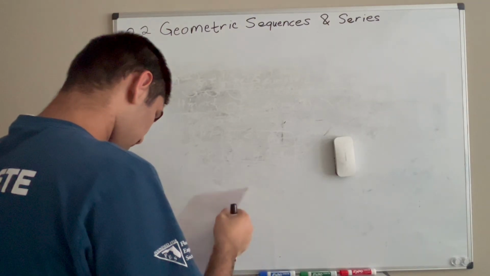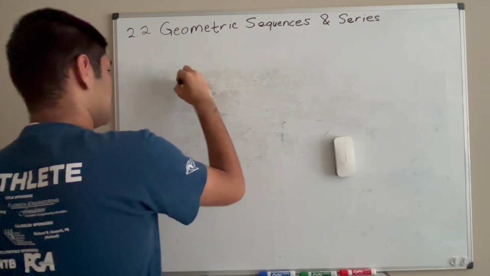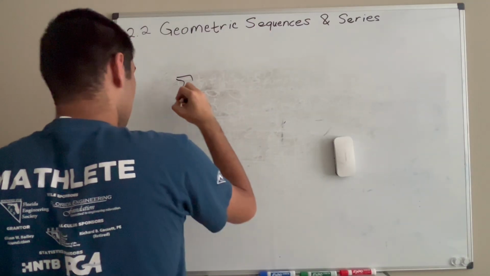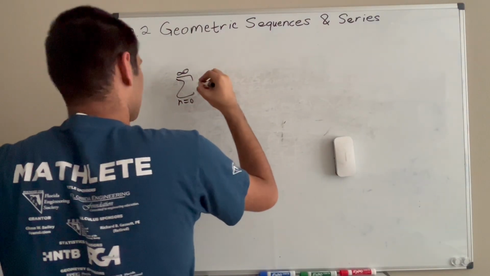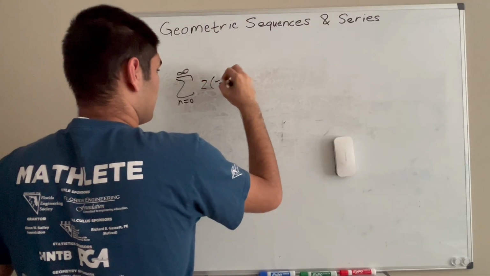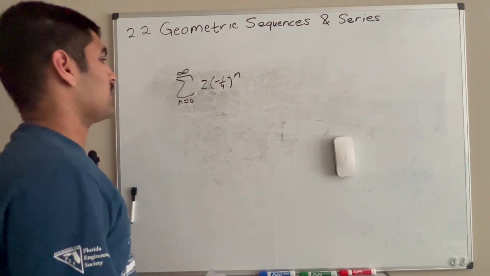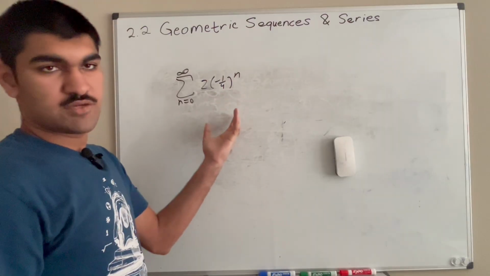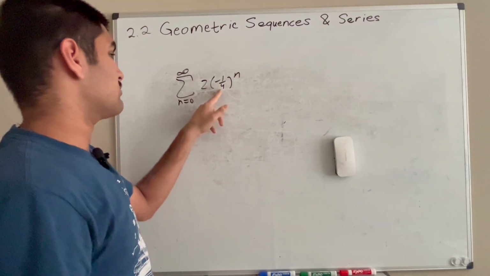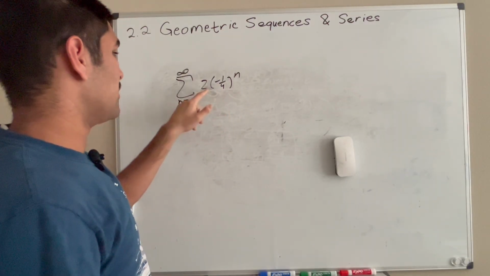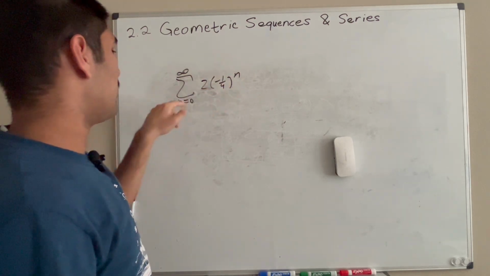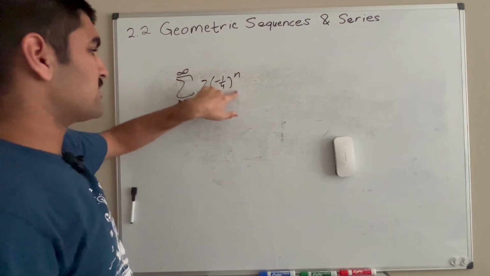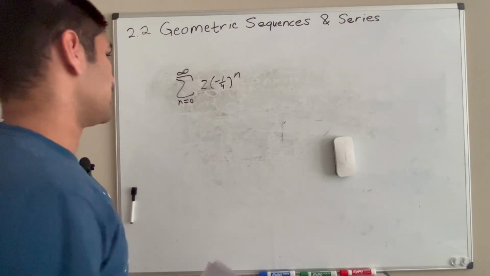Let's say we're given a series equal to the sum as n goes from 0 to infinity of 2 times negative 1/4 to the n. First of all, is this a geometric series? It is, because each time we're multiplying by the common ratio, which is negative 1/4. If the index is in the exponent, that's a very strong indicator that it is a geometric series.